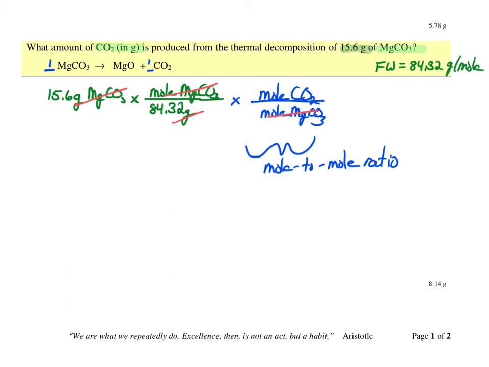We check back in with our equation, and we see that it's asking for amounts in grams. So we're going to need to use the formula weight to convert between moles of carbon dioxide and grams of carbon dioxide. Carbon dioxide has a formula weight equal to 44.01 grams per mole.